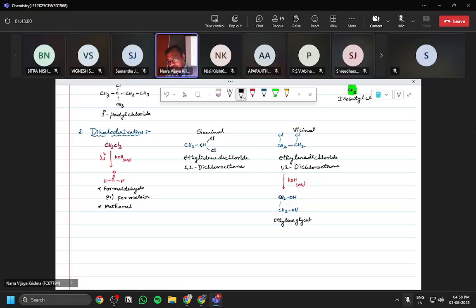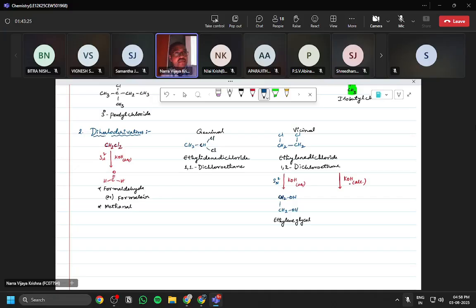Indirectly, I am revising reagents. What happens in case of aqueous KOH? What happens in case of alcoholic KOH? Elimination. Here, substitution. Here also a more stable carbocation is not possible. That's why here also I will say SN2.